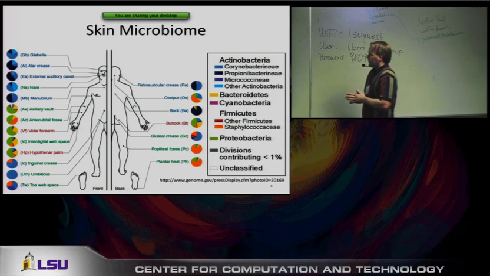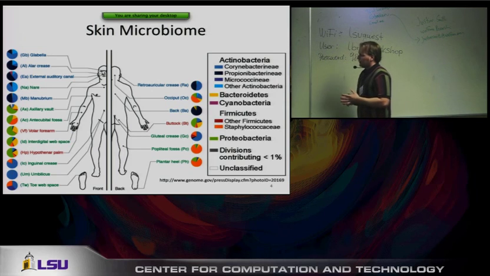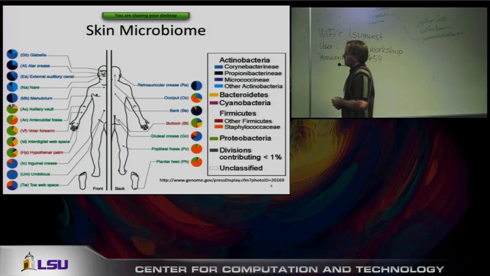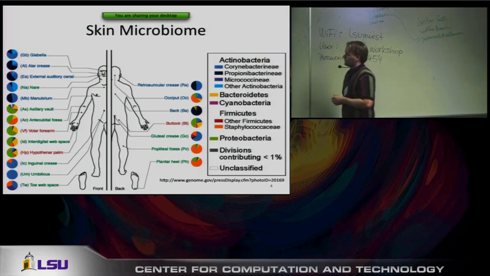And what each of these pie charts represents is the bacterial community that was found on a given site. Like, for instance, this is the bacterial community they found on the heel of the foot. And you can see that's well dominated by Staphylococci. But that sort of community is very different from the sort of community that lives on the face, for instance.